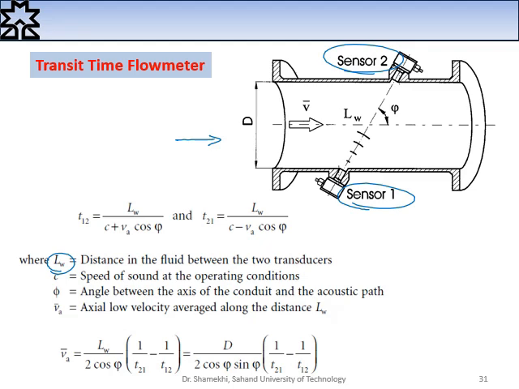Phi is the angle between the axis of the conduit and the acoustic path. This is the axis of the conduit, and this is the axis of the sound, the acoustic path, and the velocity of the fluid is VA, the axial flow velocity averaged along the distance.